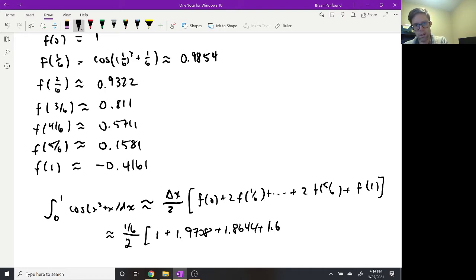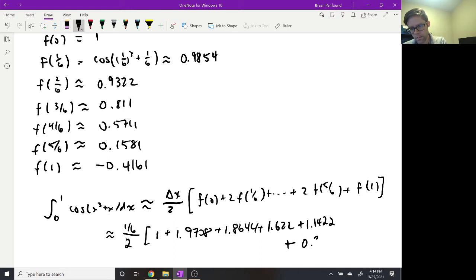And that's like 1.1622 for the third one. So that's 3/6. Moving into 4/6, so 0.5711 times 2. And 2 to finish up here, so I need to multiply the 5/6 by 2.